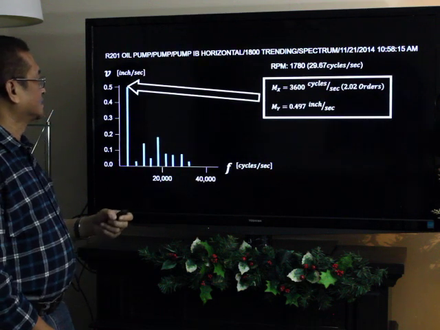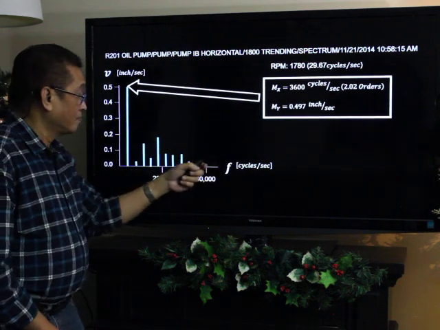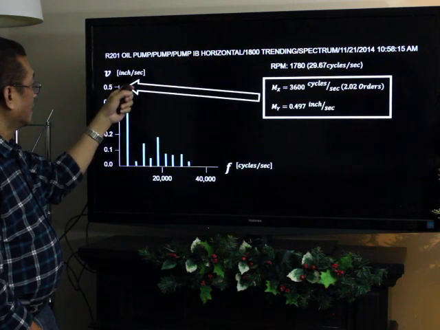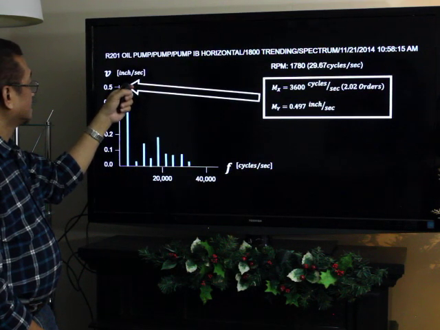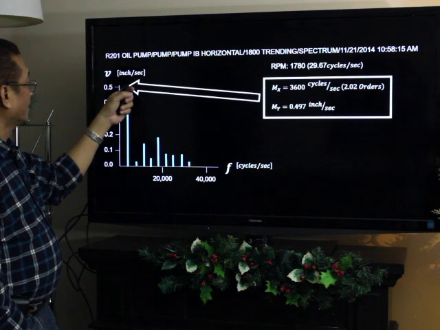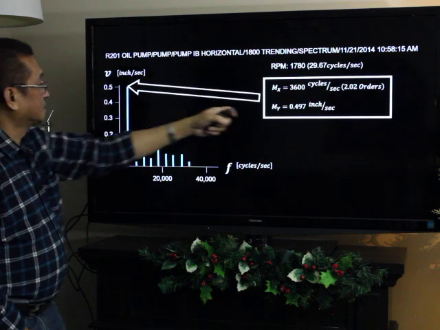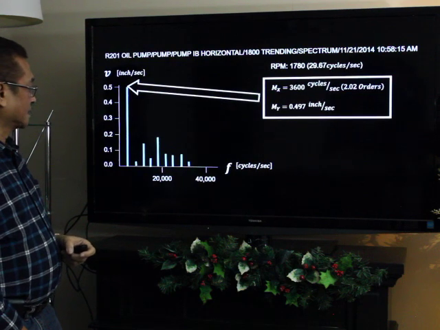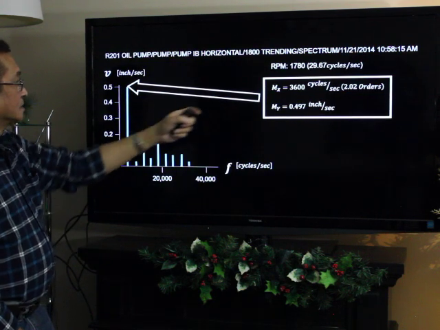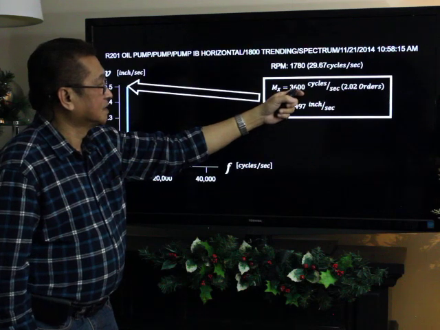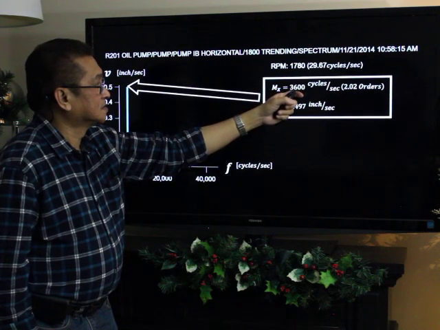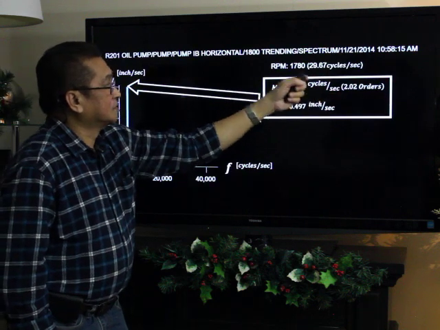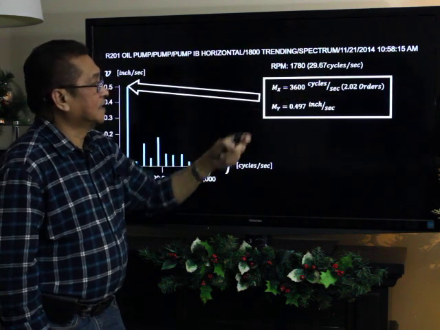which is 29.67 cycles per second. And in the vibration measurements, we note a very large amplitude for velocity, which is measured at 0.497 inches per second. And it occurs at this frequency, 3600 cycles per minute, which is 2.02 times 1780.